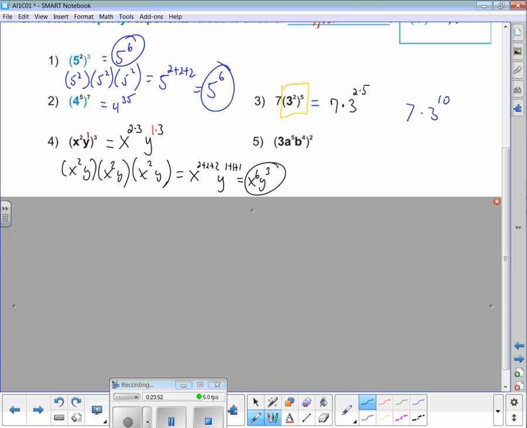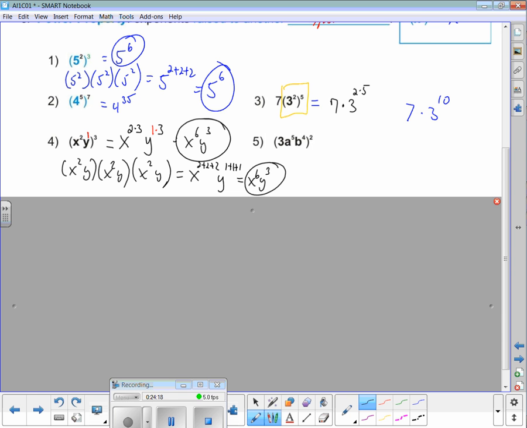X to the 2 times 3, y to the 1 times 3. Now notice we do end up at the correct answer, x to the 6th y cubed. Be careful, students will mess that up. It's the whole base cubed, and therefore we have to do every factor.